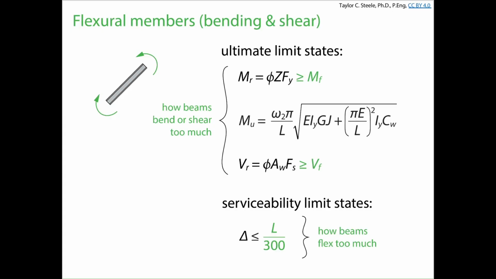Today we're going to focus on when L is different than the beam length. And 90% of the time, L for this equation is different than L for the beam length. So the L you use to calculate the shear moment is not going to be the same as the L that you use to calculate the unbraced critical elastic bending moment Mu. And we're also going to look at situations today when omega 2 is not 1.